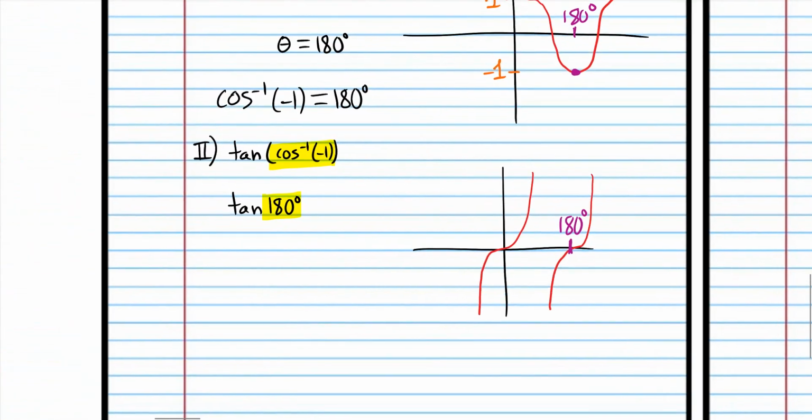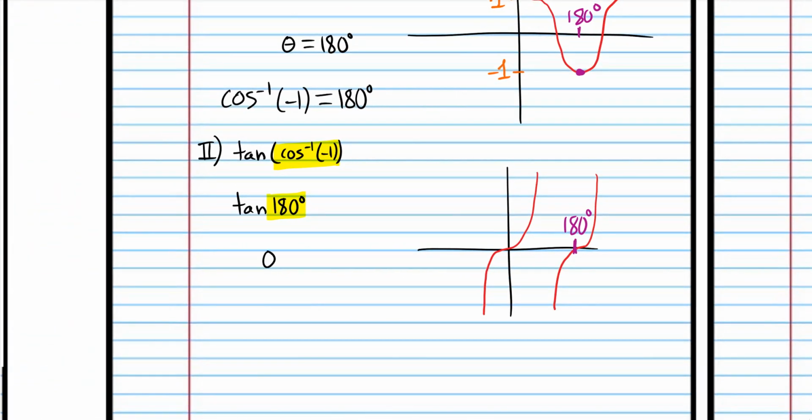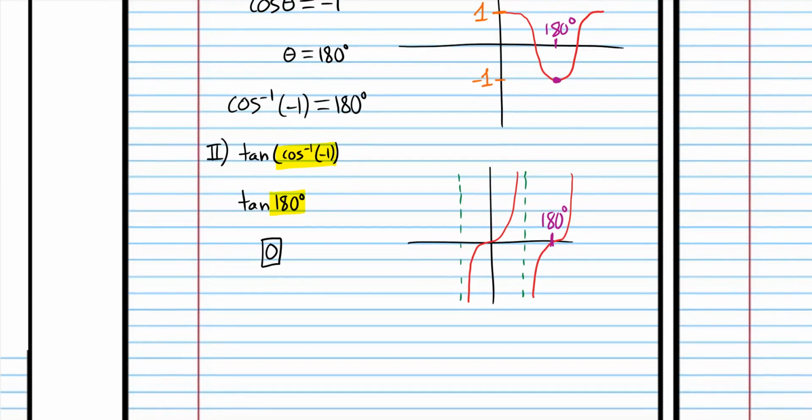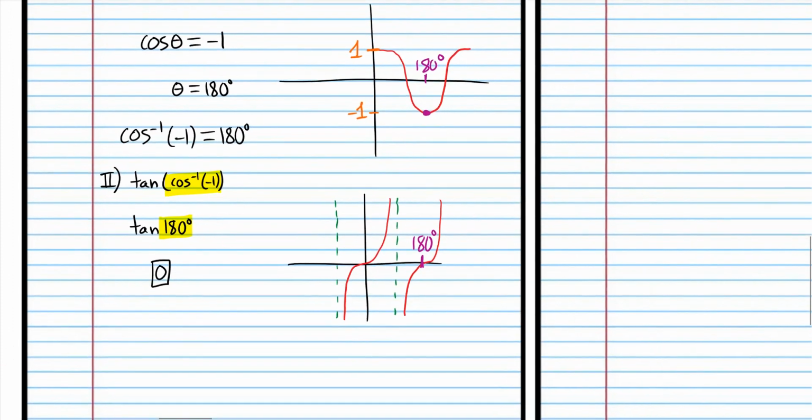It goes right through the x-axis, so the answer to that one is 0. So there you go. And by the way, we have these asymptotes whenever you're dealing with the tangent curve. Now again, you can refer back to the shape. You don't have to rely on my less than inspiring drawing of the graph.